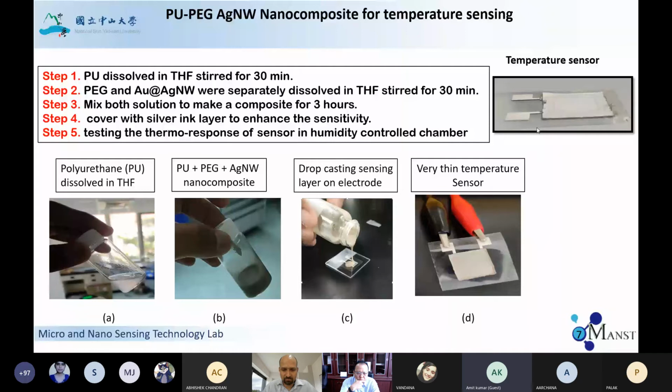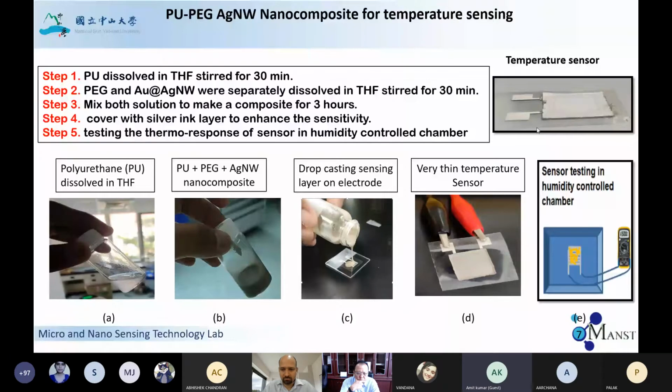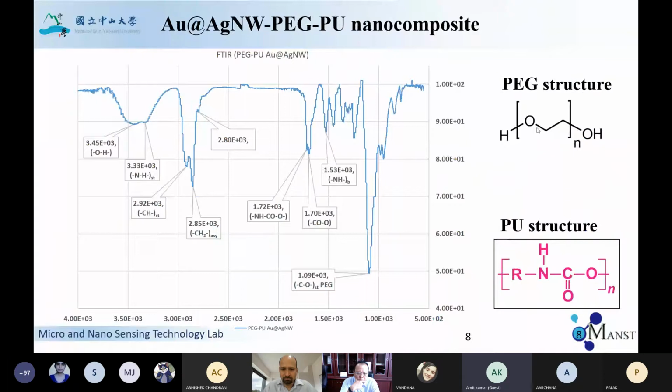After that, we do the testing in a humidity control chamber, so only the change in temperature was responsible for the change seen in the multimeter. After making the composite, I do FTIR studies of the nanocomposite, and you can see the PEG structure and PU structure on the sides.